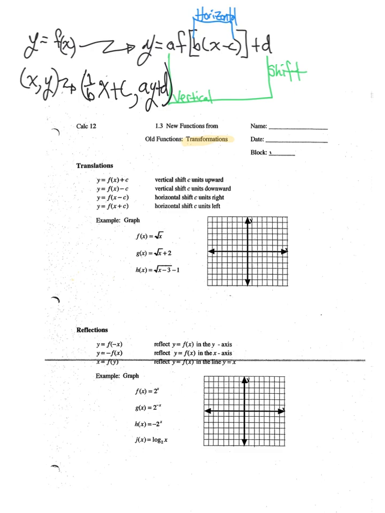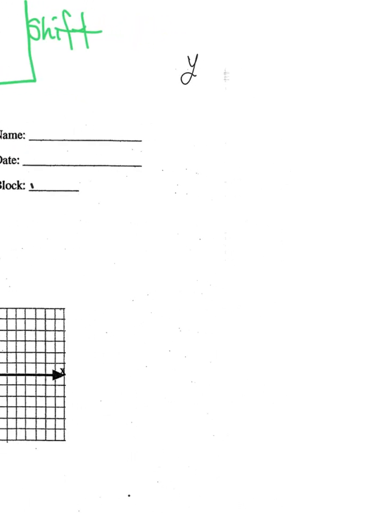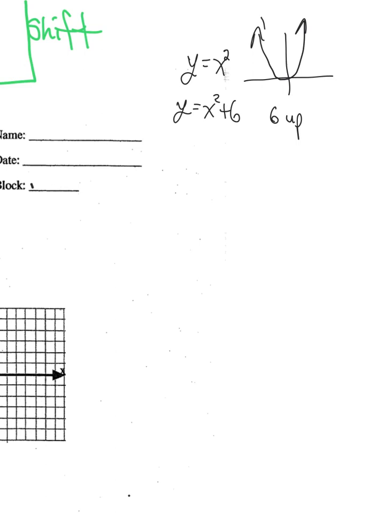So for example, just getting you started here, if you had a function like y is equal to x squared, then you all know that that's just a basic parabola with a vertex at 0, 0. And if I said y is equal to x squared plus 6, that you moved it 6 up. And it still looks exactly the same, but now the vertex is at 0, 6.